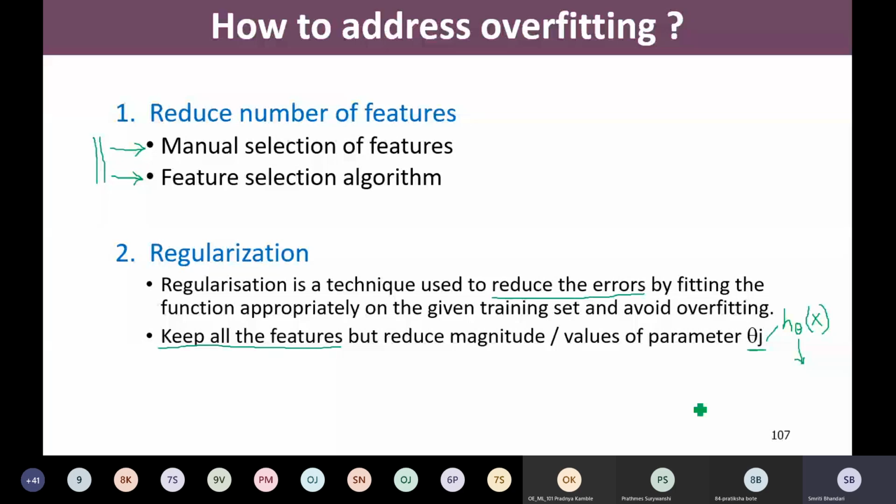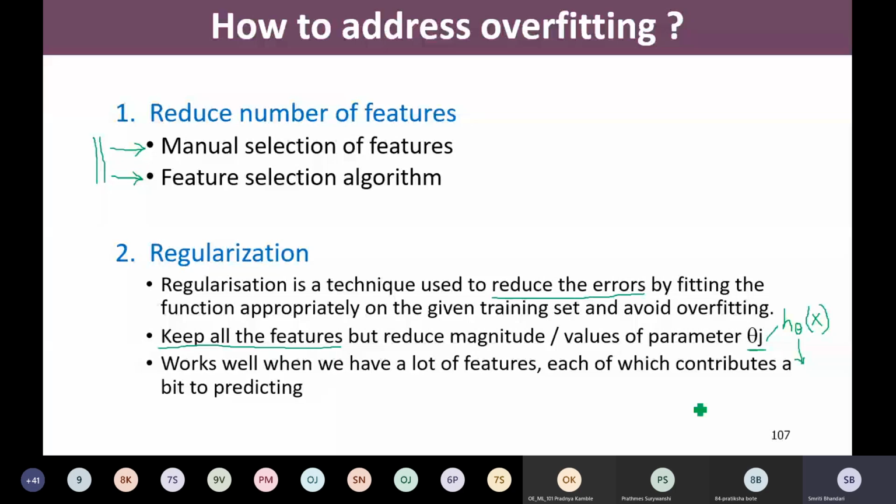If we go with such a mechanism, regularization, it works well when we have lots of features, without eliminating any of the features, right?